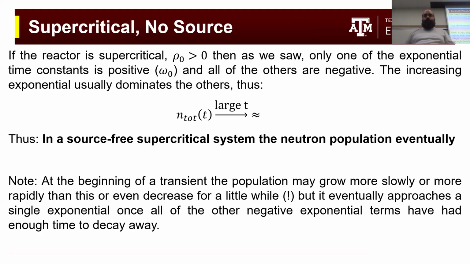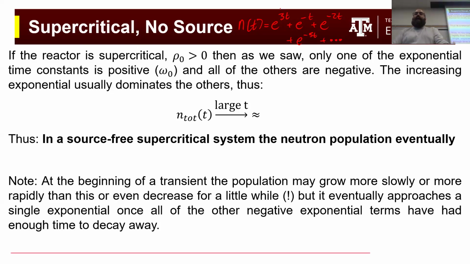So now we want to talk about supercritical. What we said with supercritical, with rho being positive, is that only one of those time constants, omega zero, was positive, and all of the other ones were negative. So my solution for n of t maybe looks like e to the 3t plus e to the negative t plus e to the negative 2t plus e to the negative 5t plus dot, dot, dot.